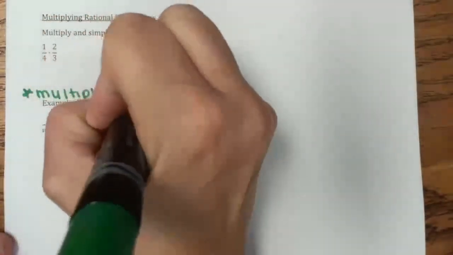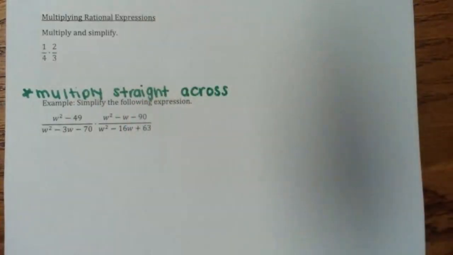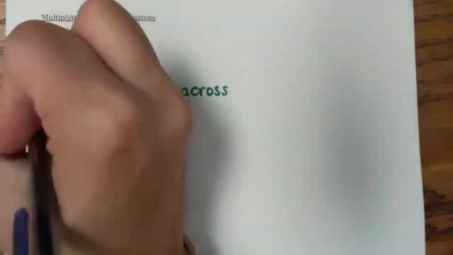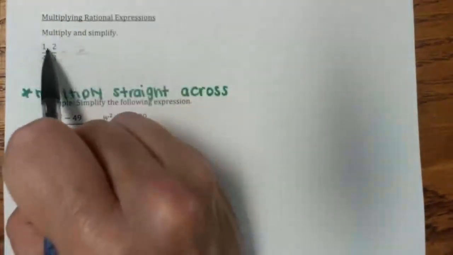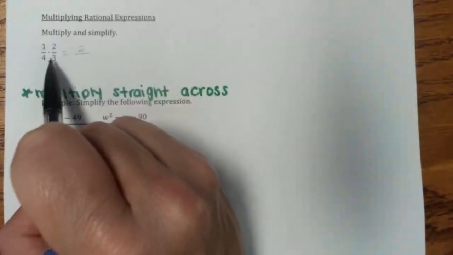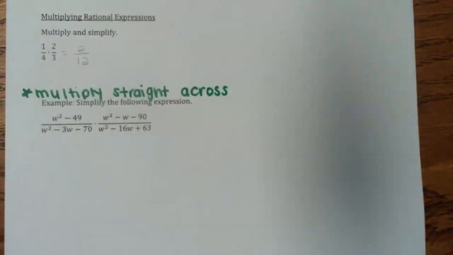So 1 times 2 is 2. On the bottom, 4 times 3 would give us 12. So I have 2 over 12.